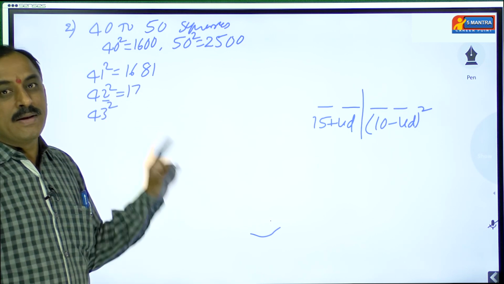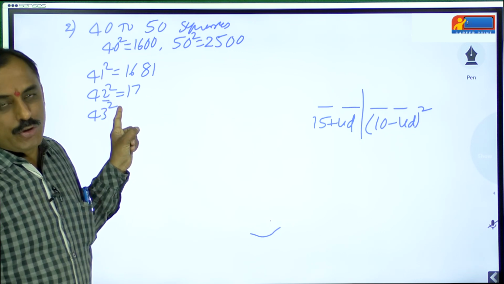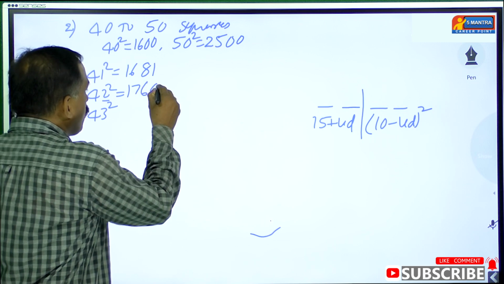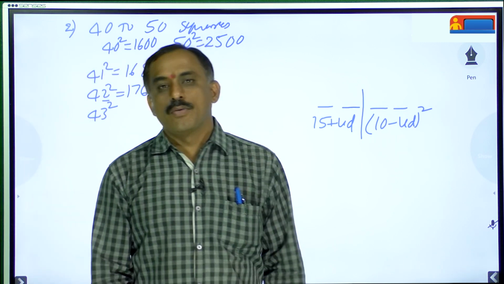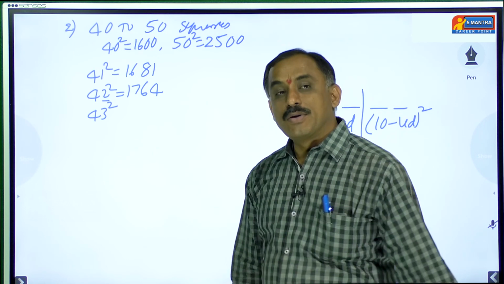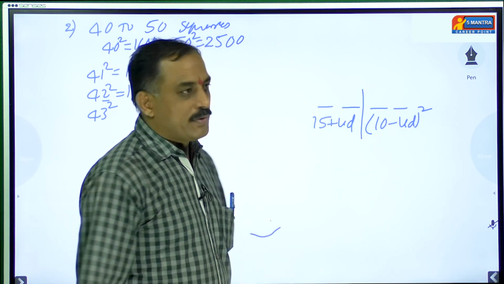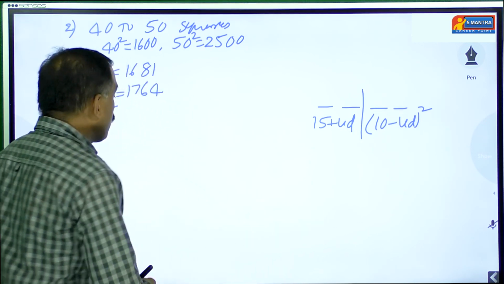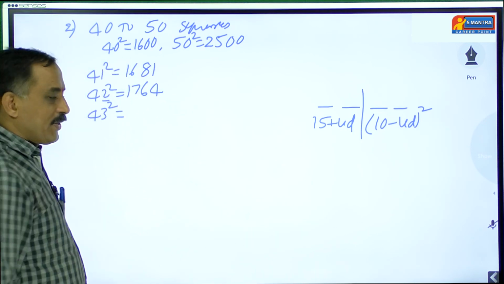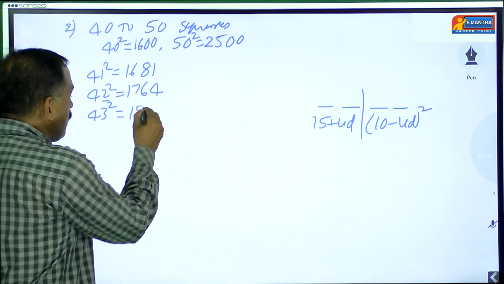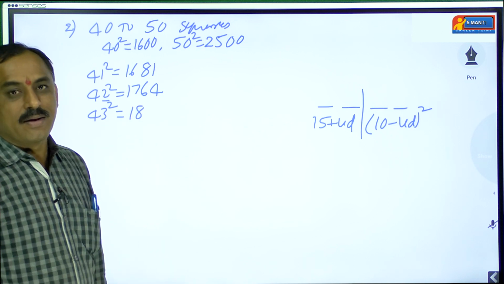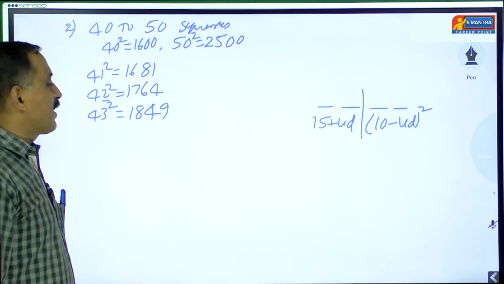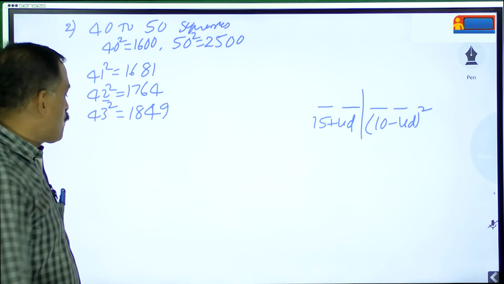Then second part 10 minus 2 is 8. 8 square is 64. So 42 square is 1764. Then next one is 43. 15 plus 3 is 18. 10 minus 3 is 7. 7 square is 49. Therefore 43 square is equal to 1849.